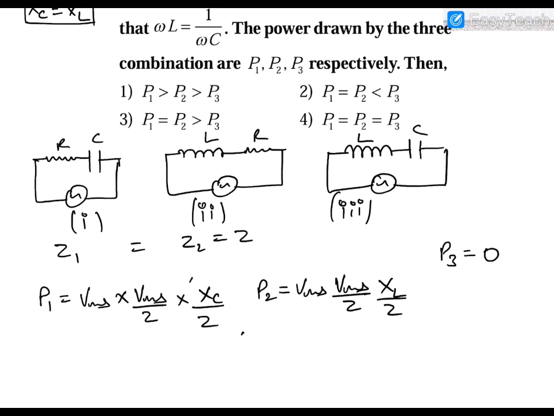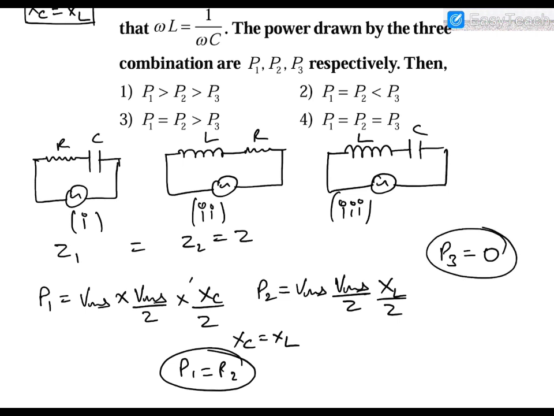So we also know that XC is equal to XL, therefore P1 will be equal to P2. And if P1 and P2 are equal and obviously P3 is 0, then we can say that the correct answer would be the third one. Now let's move on to the next question.